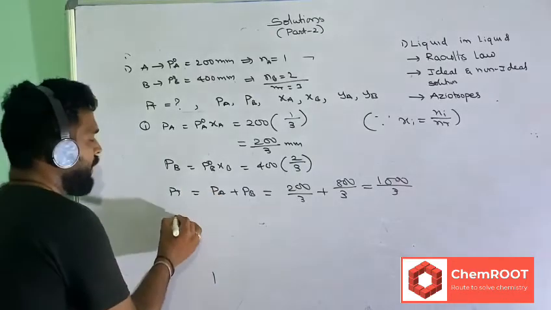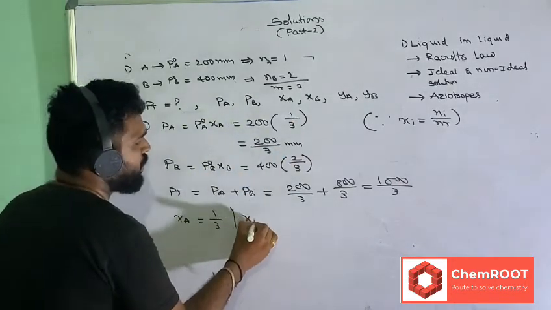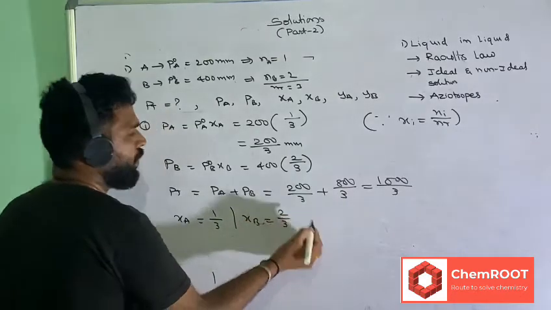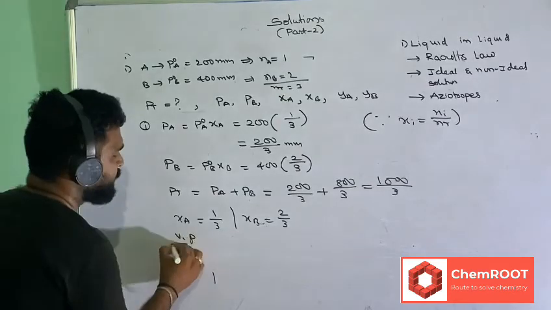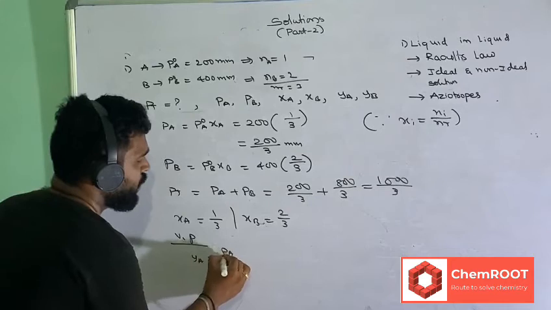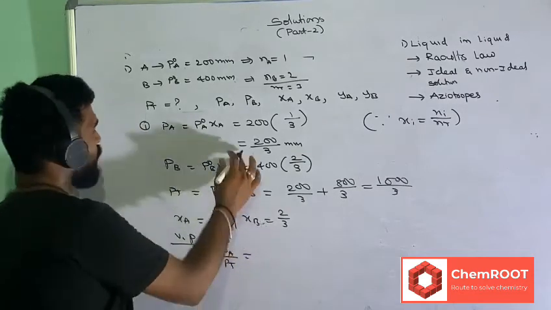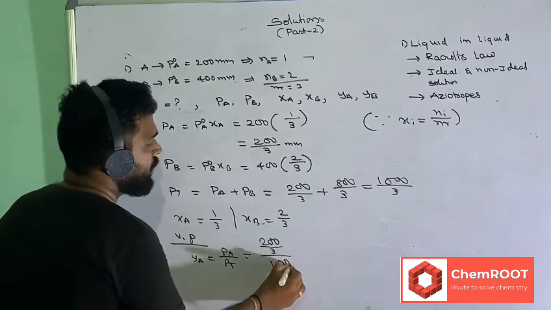Now mole fraction of A, we already know, is 1 by 3, and mole fraction of B is 2 by 3. So in liquid phase we got them; in vapor phase, how to find? Mole fraction Y is equal to PA by P total. PA we already got, 200 by 3, and P total is 1000 by 3.